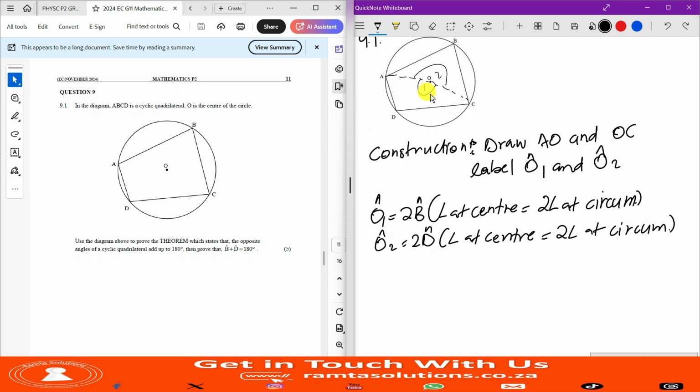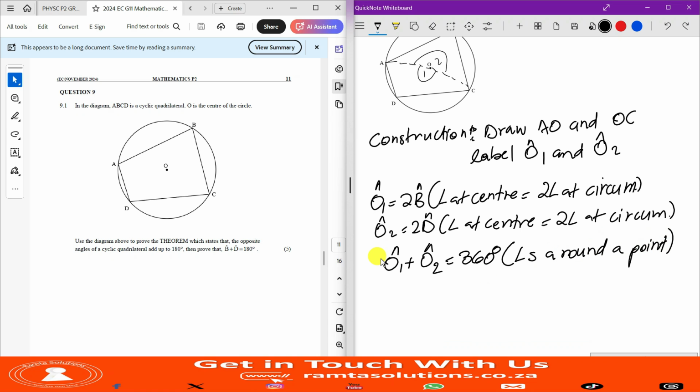Now, something that I notice about O1 and O2 is that they make up 360 degrees. But why? This is because they are angles around a point. Angle O1 plus angle O2 is equal to 360 degrees. Why? They are angles around a point. Now, what does that mean?